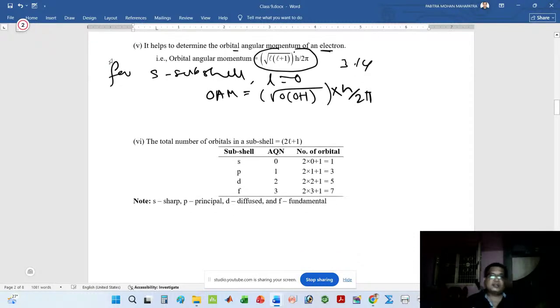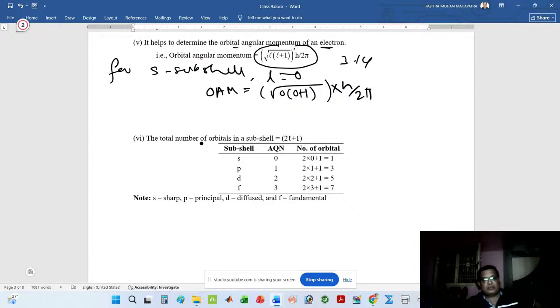Next, another point given here is the total number of orbitals in the subcell, which is calculated by the formula 2L plus 1. This is the formula to calculate the total number of orbitals in a subcell. Let me explain. Here I have taken S subcell. Our target is to find the number of orbitals present in the S subcell.